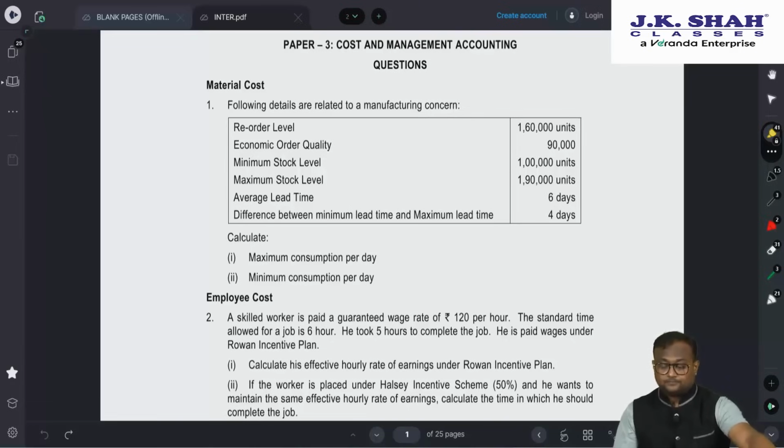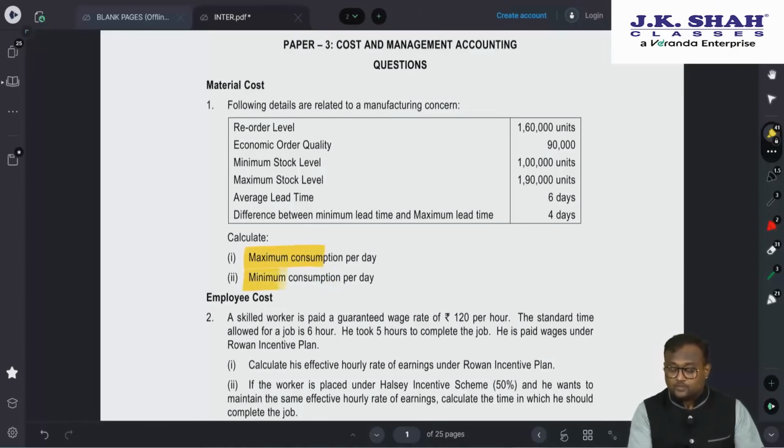Now guys, if we need to know the maximum and minimum consumption, you must have realized one thing, this is a reverse question. Ideally, they give you consumption and lead time and ask you to decide stock levels. This time, they have not given you lead time completely, nor consumption properly.